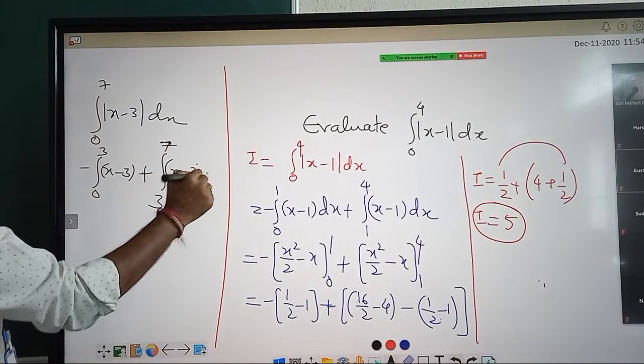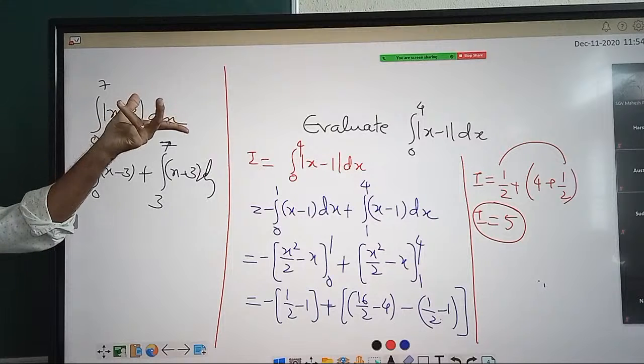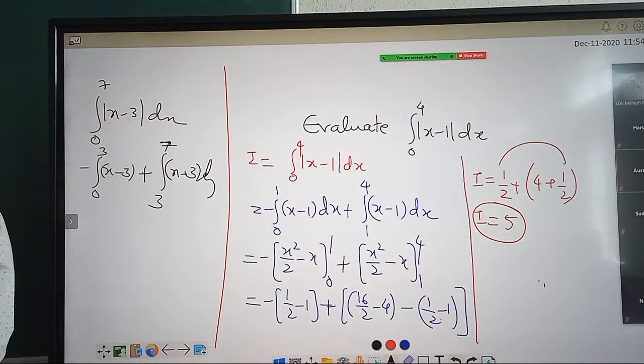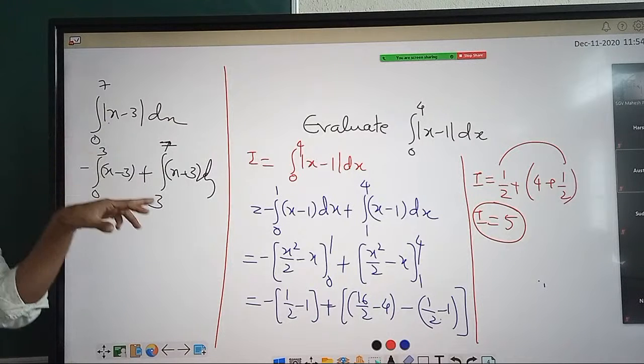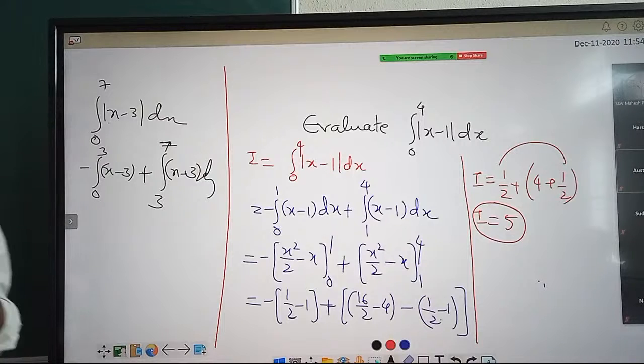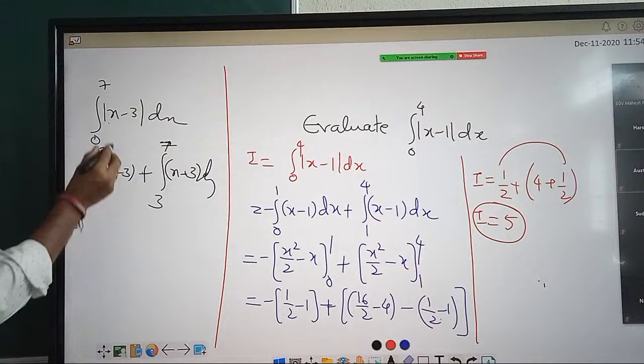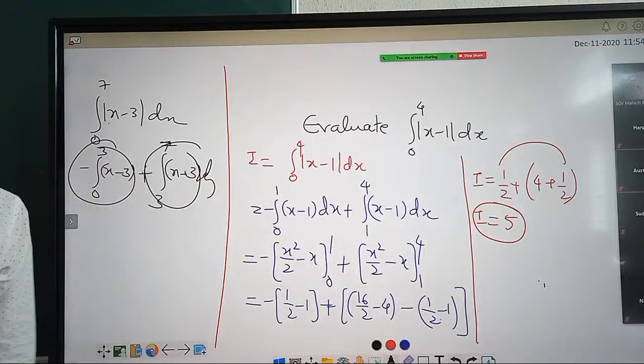Correct? If I put x minus 3 equal to 0, I get x equal to 3. So 3 is the critical point. Up to that critical point, divide one integration, and the other integration is divided from the other one. Because you should know in which part it is negative and in which part it is positive. This is very, very important.